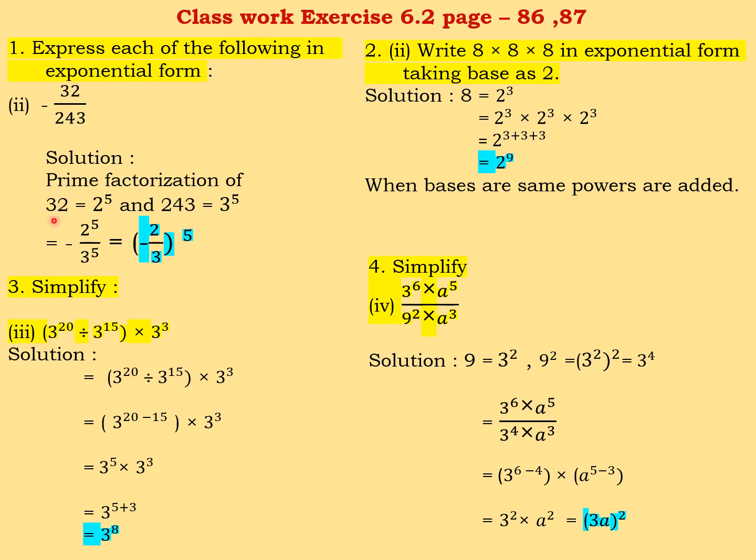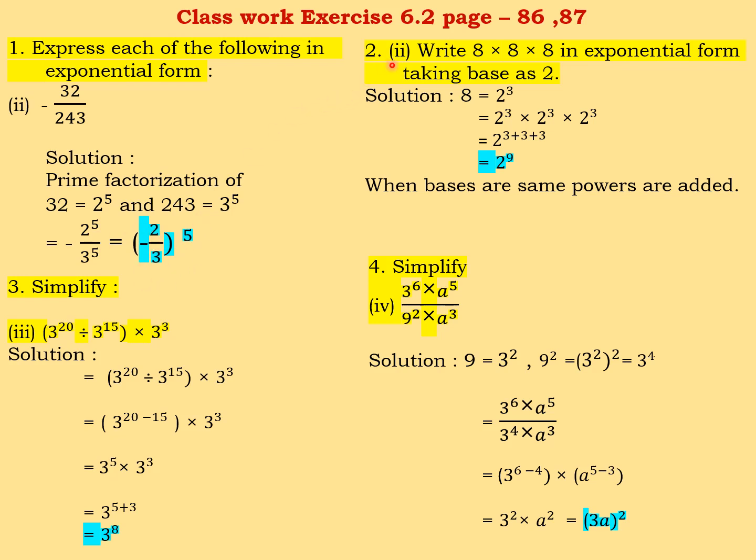Prime factorization of 32 is 2 to the power 5 and 243 is 3 to the power 5. So I will write minus 2 to the power 5 divided by 3 to the power 5. Now powers are same, so they can be taken as common. I will write the number as minus 2 by 3 inside the bracket to the power 5.